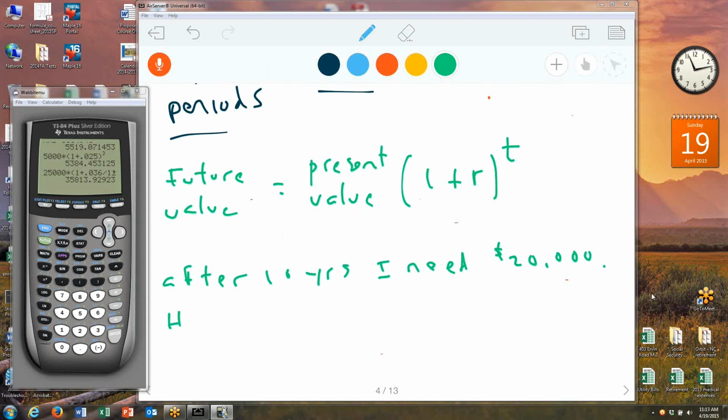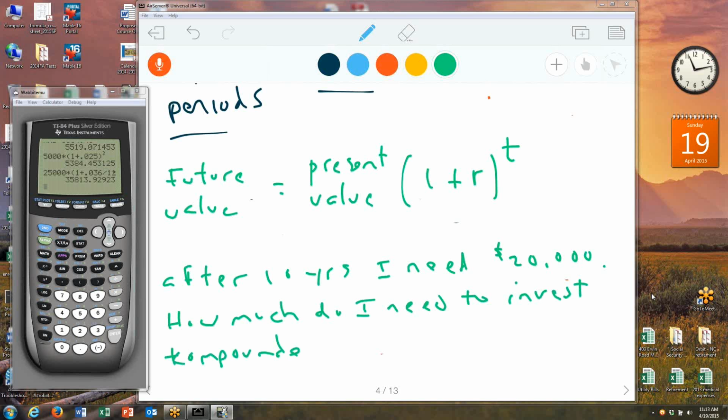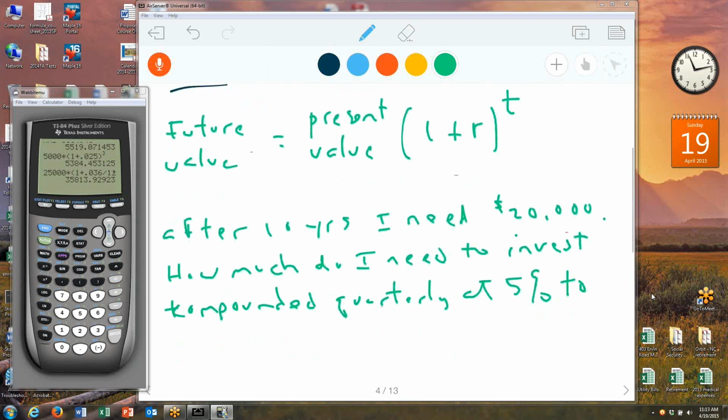So how much do I need to invest now, compounded, we'll go back to quarterly, at, let's say, 5% to achieve this goal, maybe that sounds even better.